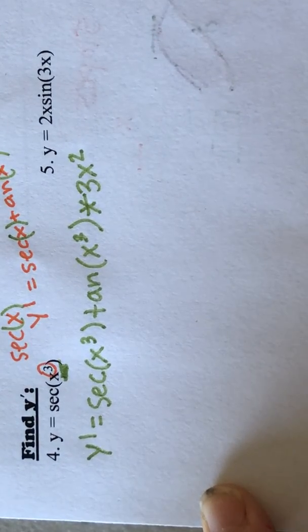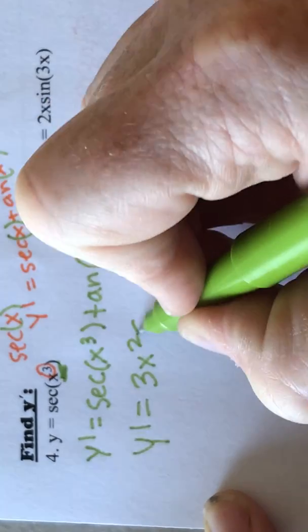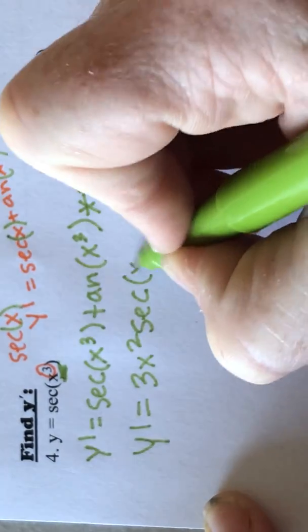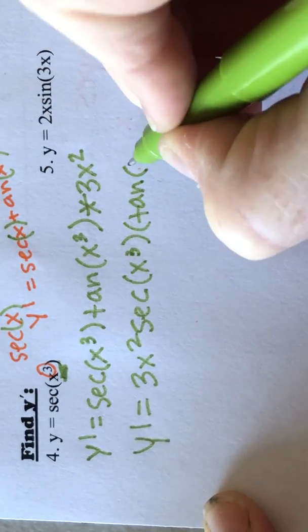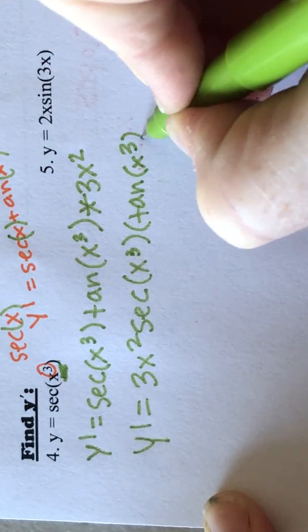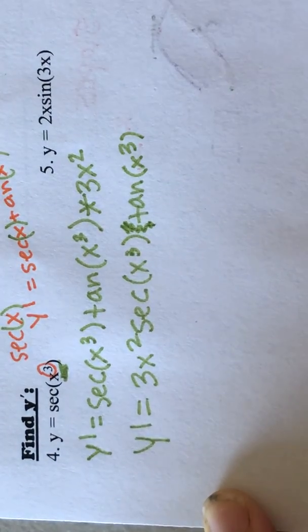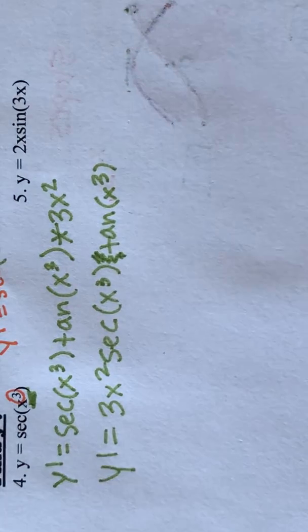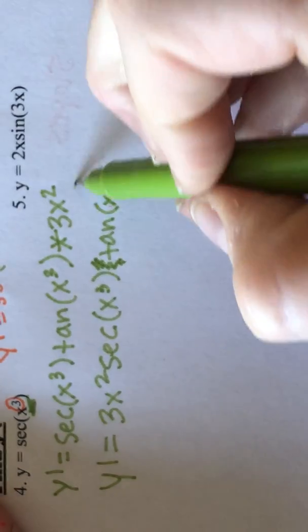Okay, so y prime equals 3x squared secant x to the third tangent x to the third. Okay, that's 4.